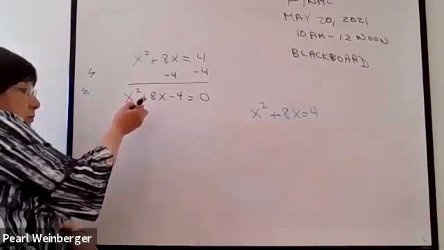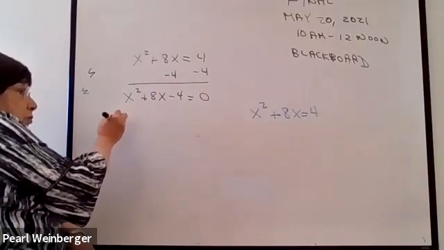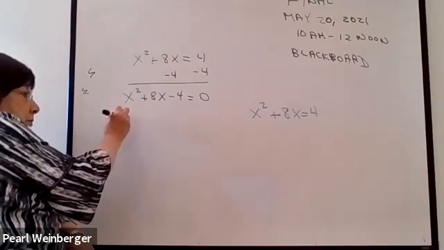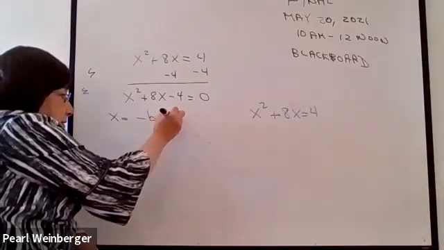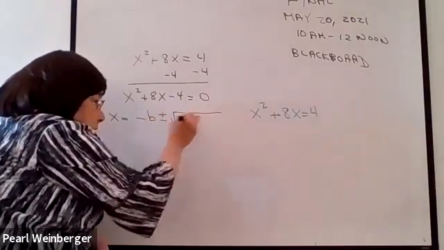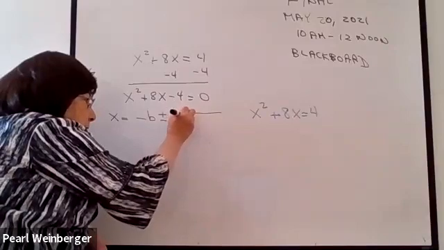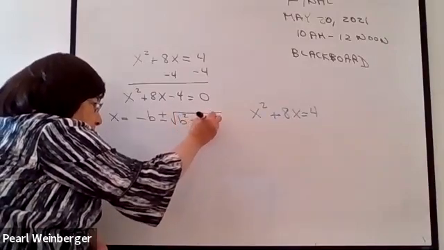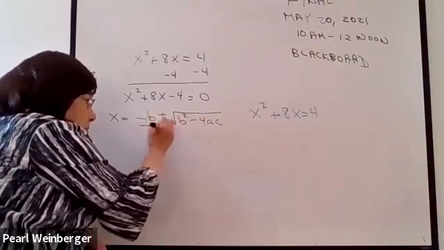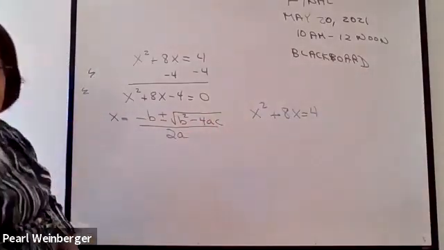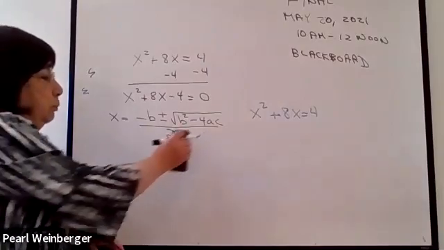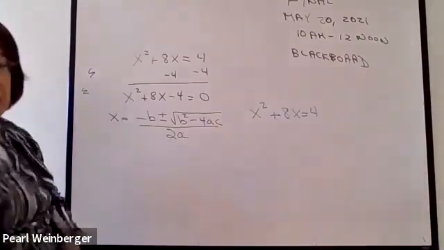Okay, let's remember the formula. The formula is x equals negative b plus or minus the square root of b squared minus 4ac all over 2a. This is what's called, remember, the quadratic formula. It's probably the most important formula that we learned this year.